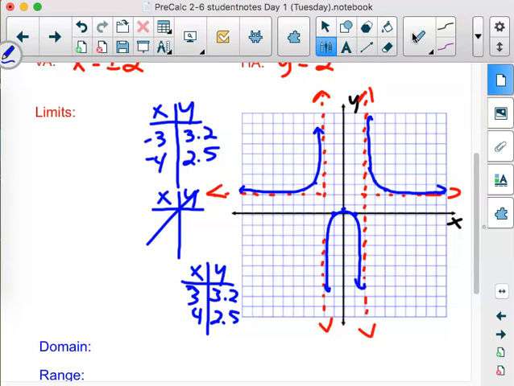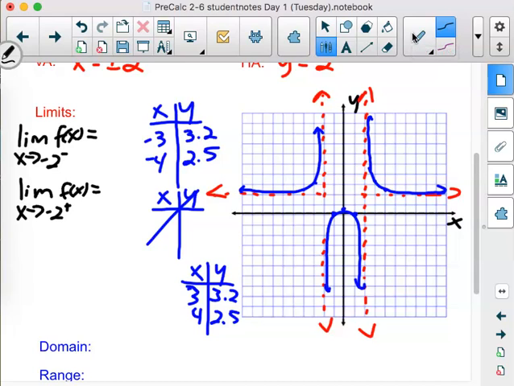That looks like so. Now we can write our limits as we approach those vertical asymptotes. So the limit as we approach -2 from the left. The limit as we approach -2 from the right. The limit as we approach +2 from the left.